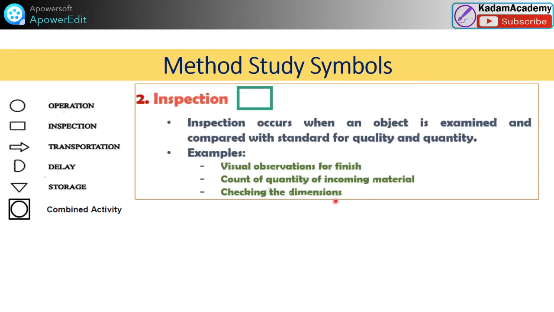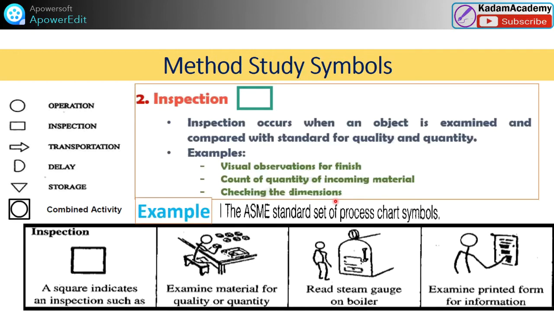Examining the material for quality and quantity, reading the steam gauge of a boiler to see the pressure, and examining a printed form or information also come under inspection. That is the second type of symbol.